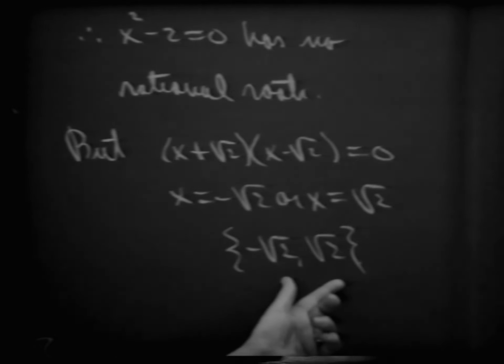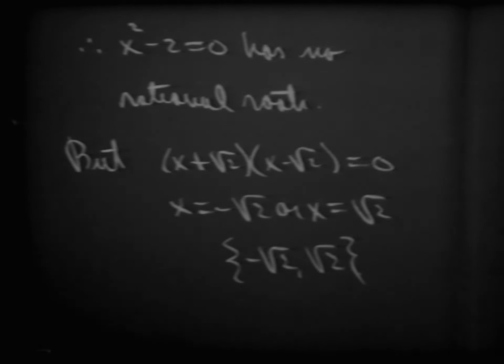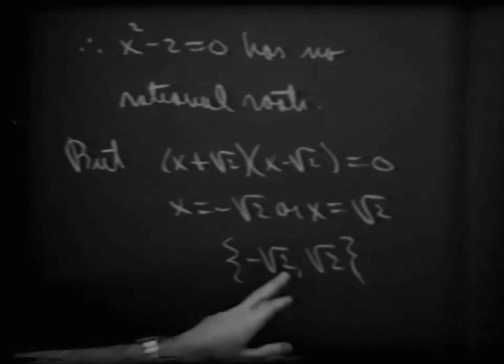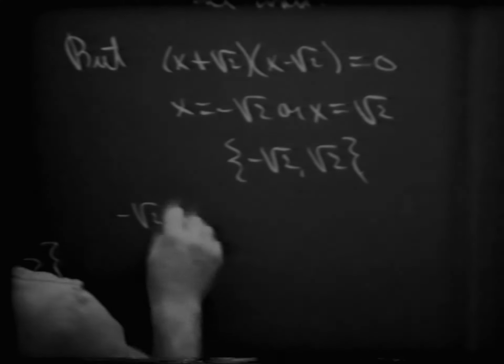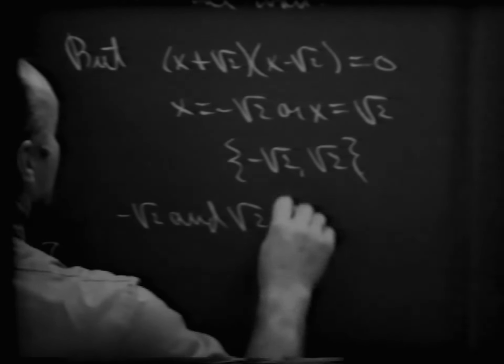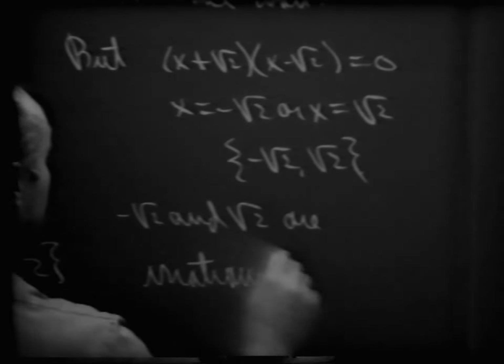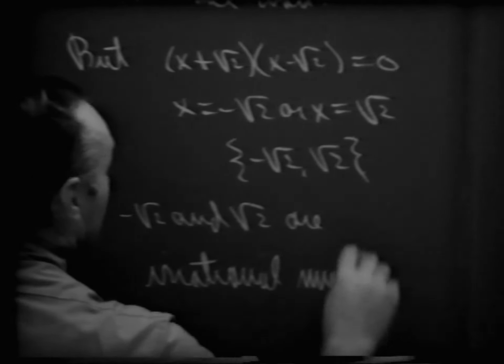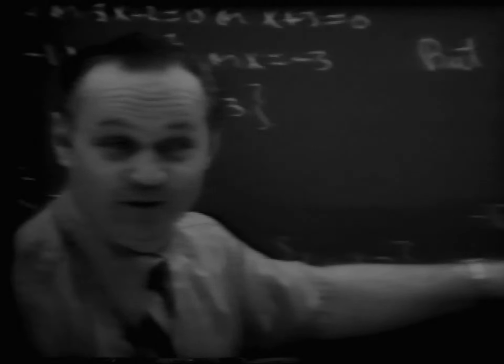Here we found two numbers which are roots of the original equation, and our theorem tells us that there are no rational roots. So therefore, what's our conclusion about these two numbers? What can we say, Tim? They're irrational. Therefore, negative root 2 and root 2 are irrational numbers, okay? And here's a nice little way in which we can show that a number such as root 2 is not rational, and indeed is irrational.